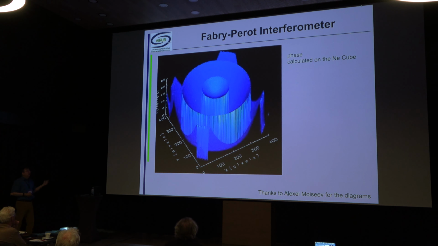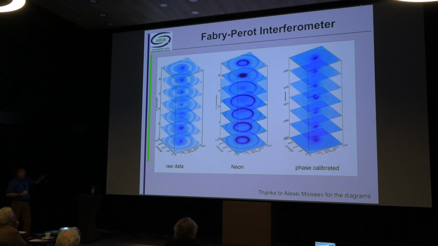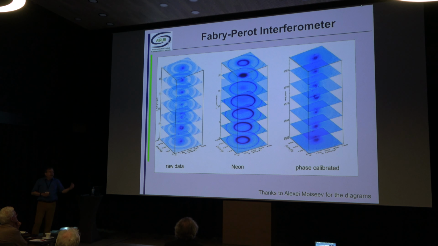So here the raw data, the flat fielding for each of the steps. And here we have the neon map, and now we compare, as we do for every dot on these 2D slices, or finally the whole cube. We know what the wavelength is.